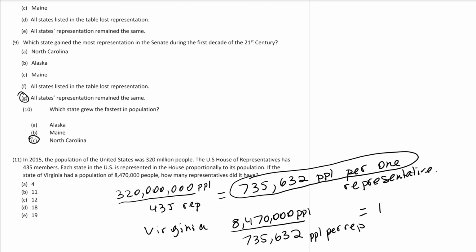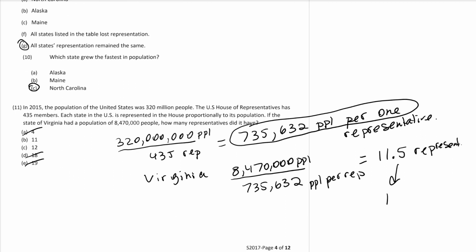All right, so we're getting 11.5 representatives, but that number is not a whole number, and we cannot have a decimal part of a representative. So now we have a dilemma. Will the answer be 11 or will it be 12? Arithmetically, the number rounds up to 12, but conceptually, in order for it to become 12, we need more people, and Virginia has only enough for 11.5, and therefore we have to truncate it and make it 11.